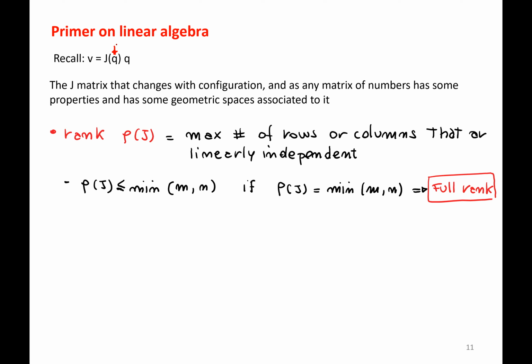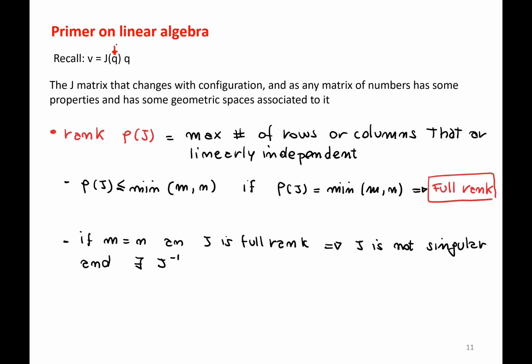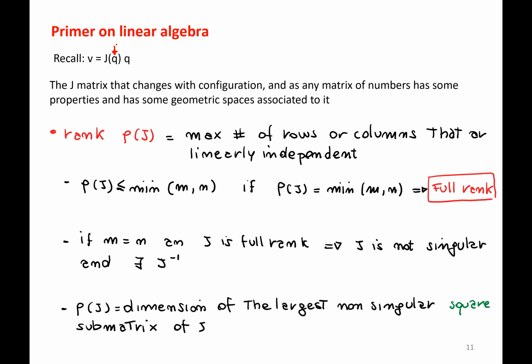So the maximum rank that can be achieved. In the case the number of columns and the number of rows are equal, and J is full rank, then it means that the J matrix is non-singular and an inverse exists.